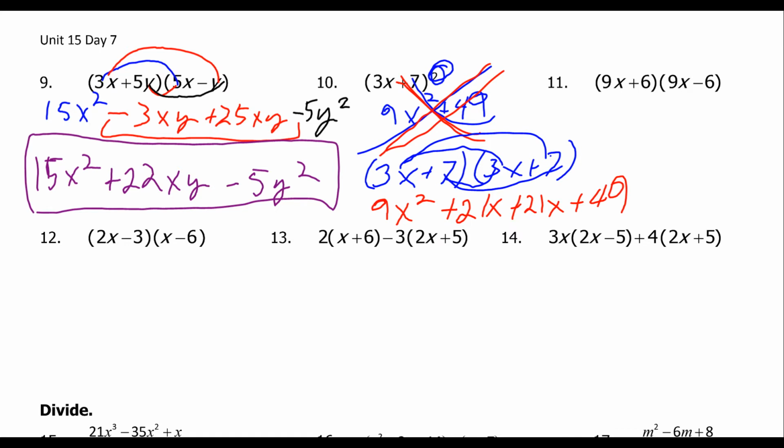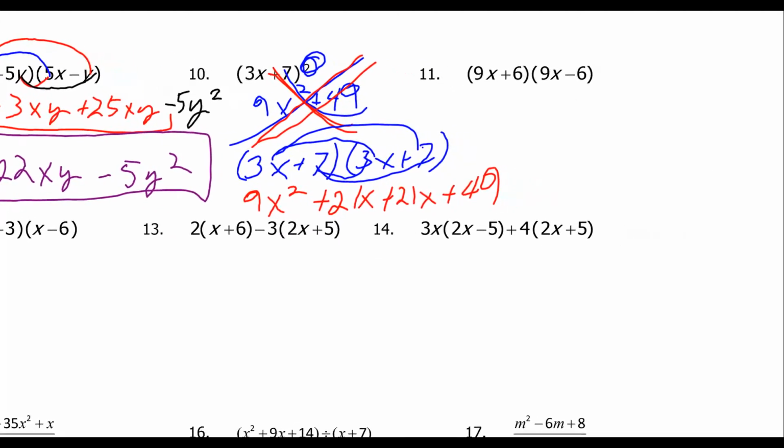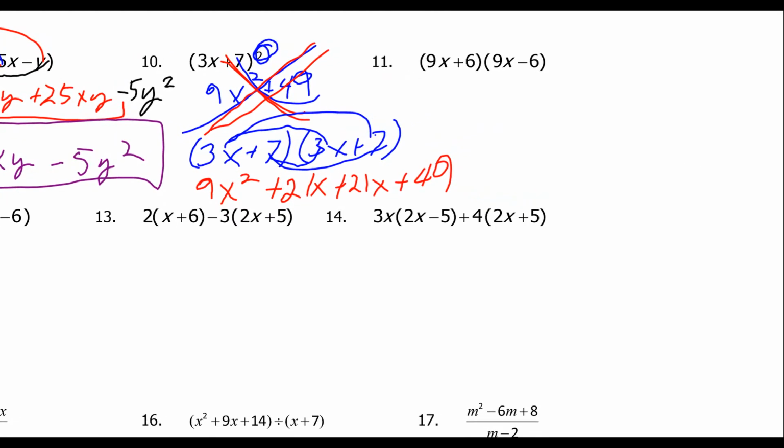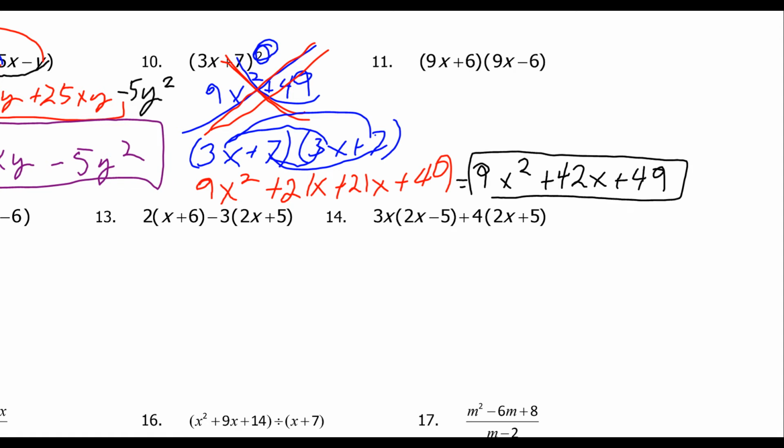And then whenever we condense that a little bit, what we wind up with is 9x squared plus 42x plus 49. And that problem is finished. Don't try to shortcut this one unless you genuinely know what you are doing. It'll make you fall on your face and it's going to be bad.